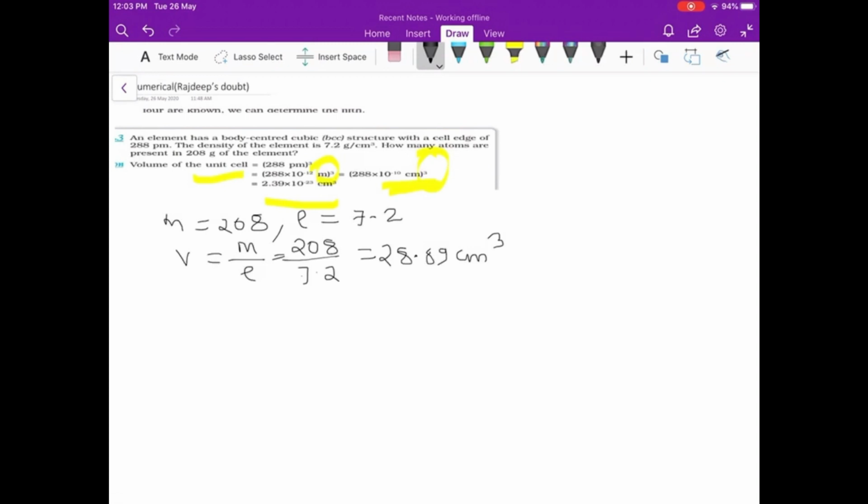Now since the previous volume was for one unit cell, let's see what the total number of unit cells is. How many unit cells do we have? The number of unit cells is equal to the total volume divided by the volume of one unit cell.